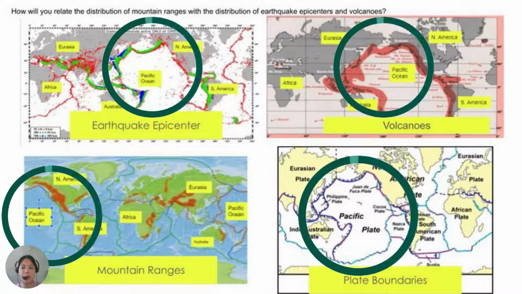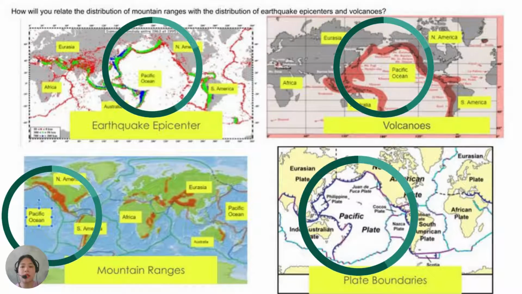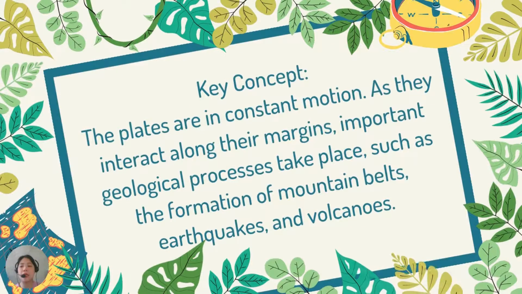Based on this illustration, mountain ranges are found in places where volcanoes and earthquake epicenters are also located. They are mostly found near the edges along narrow zones. So we can conclude that since the plates are in constant motion, they interact along their margins.